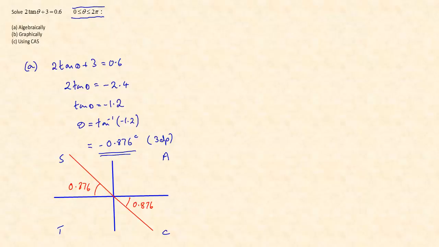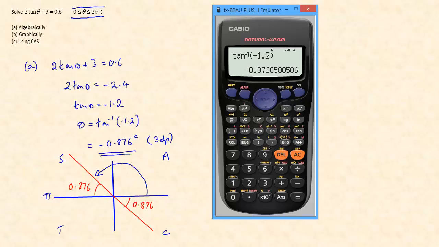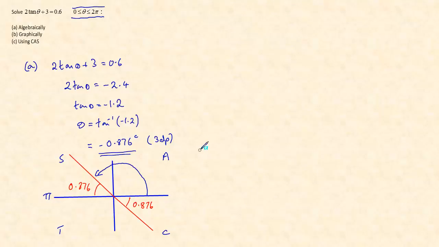So going 0 to 2 pi, starting at 0, we reach this one here. And remember, this is pi. So that first one is going to be at pi, take away 0.876, and I'll give that as 2.27 radians.